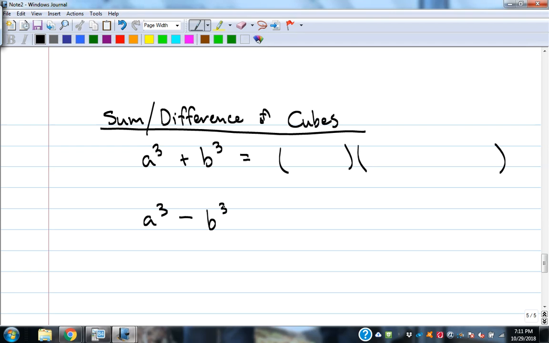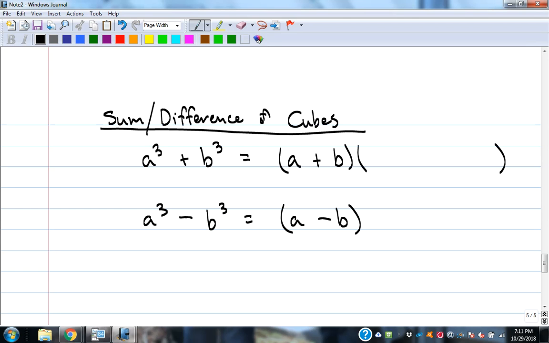The short piece is going to be whatever's cubed here, so A, and whatever's cubed here, B. It's A plus B on the sum. On the difference, it's A minus B. The short piece is the same. That's what you need to remember. The short piece always has the same sign. So on the pluses, it's pluses. On the minuses, it's minuses.